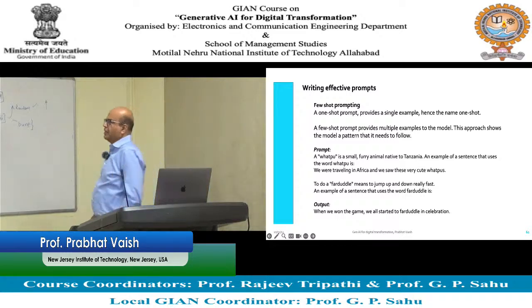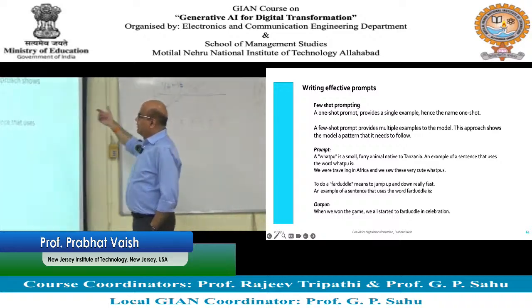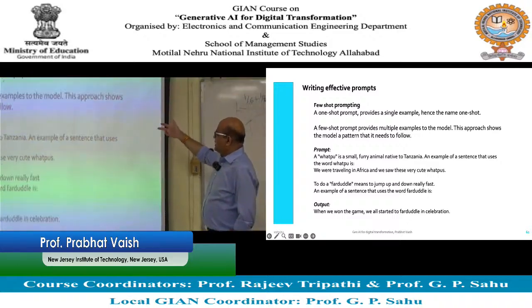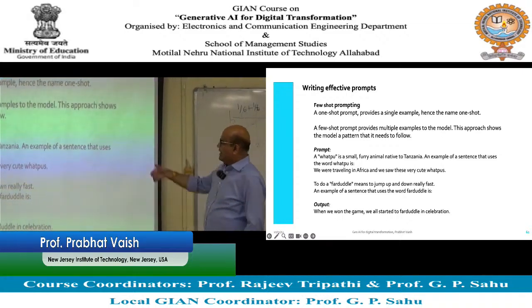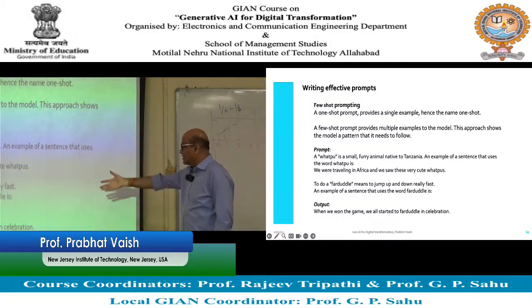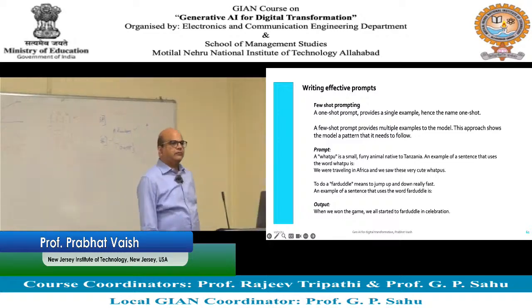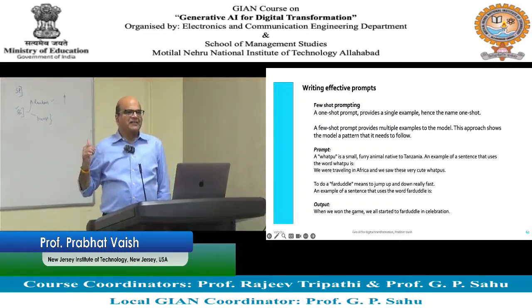So basically the prompt says it's describing a small furry animal native to Tanzania. An example of a sentence that uses the word is this. Then it says another word and asks, can you define a sentence? First of all, is there a learning happening here?